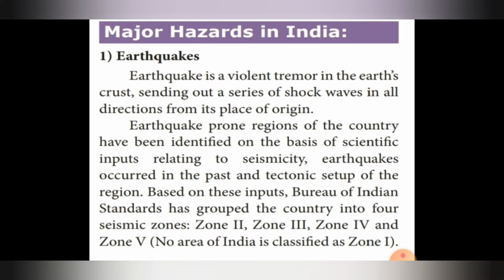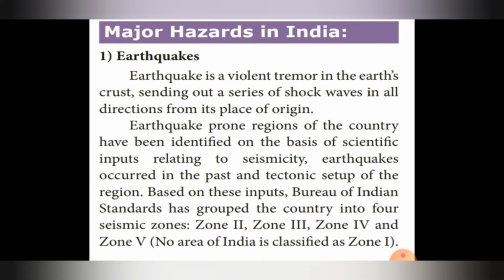So this violent tremor happens on the earth's crust, sending out a series of shock waves in all directions from its place of origin. From where the earthquake originates, from that place it sends various shock waves towards different areas, in all directions of the earth.